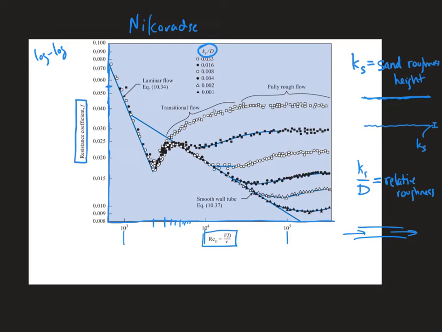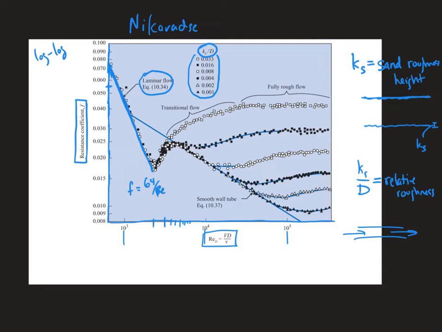Anyway, what we're looking at here is that in the laminar flow regime, regardless of the roughness, there was this nice linear relationship in log space. And if you were to solve for that, you would get F equals 64 over the Reynolds number.